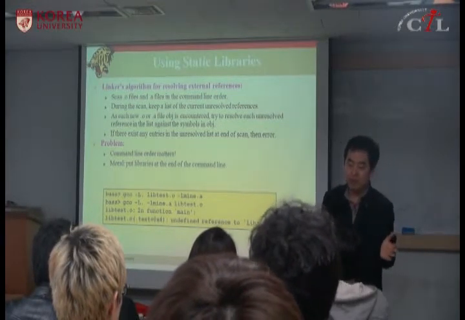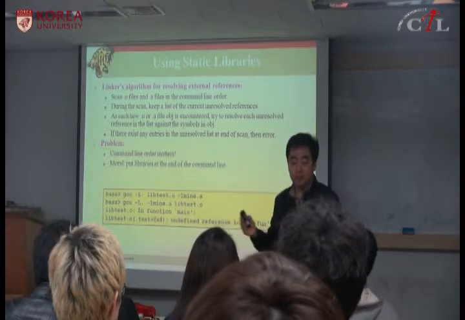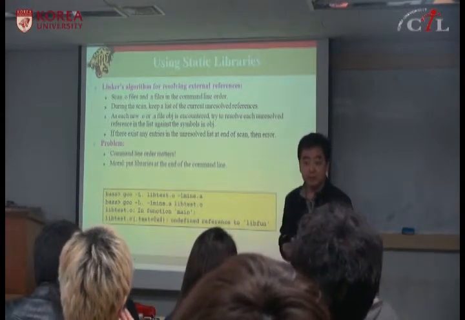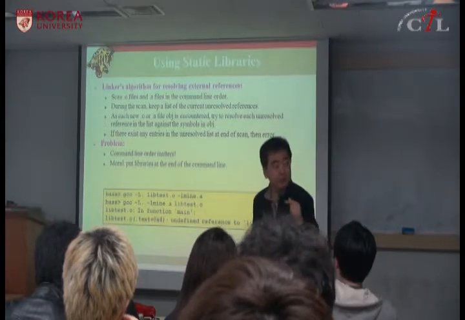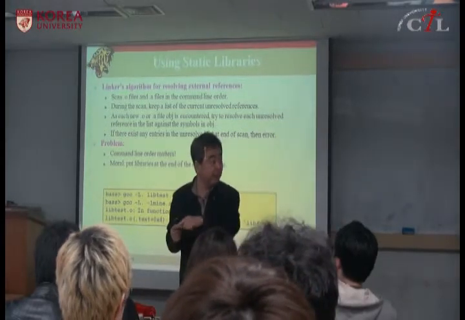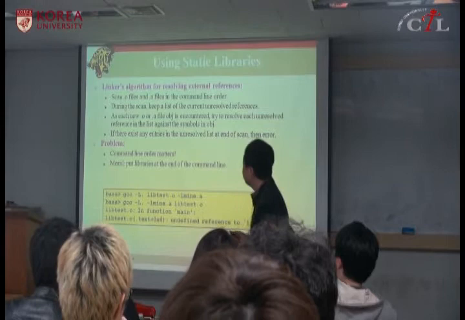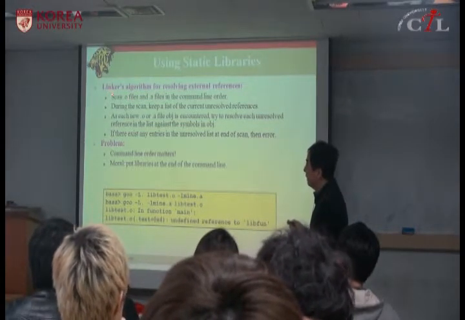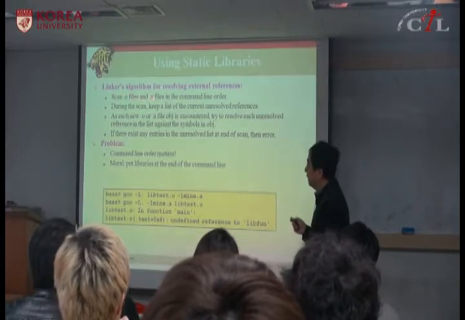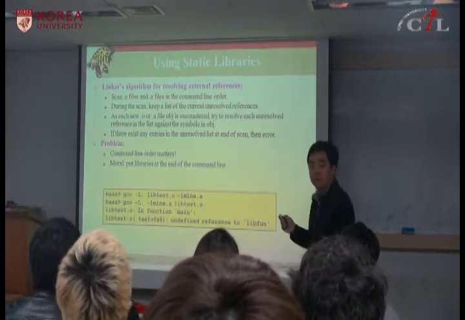They are trying to merge text segments together and data segments together. There are all these external references, and the linker is trying to identify which symbol each one is referring to. But the linker scans .o and .a files in command line order.